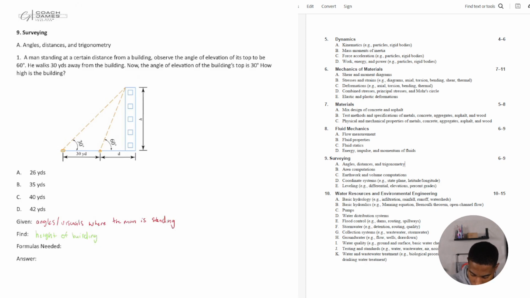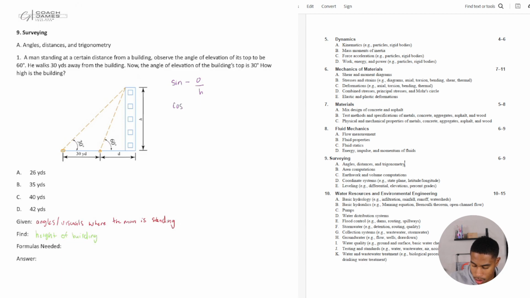There are no super fancy formulas that you're going to need, but I do believe that you need to have an idea of what sine, cosine, and tangent mean. So you can remember SOHCAHTOA, right? Sine is always opposite over hypotenuse.